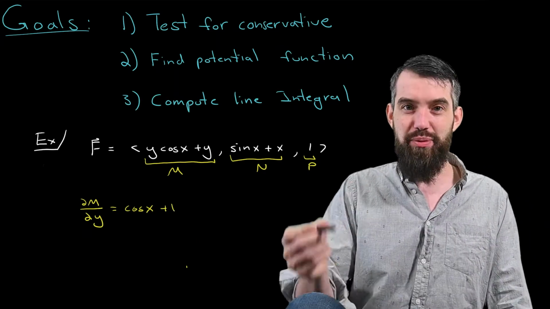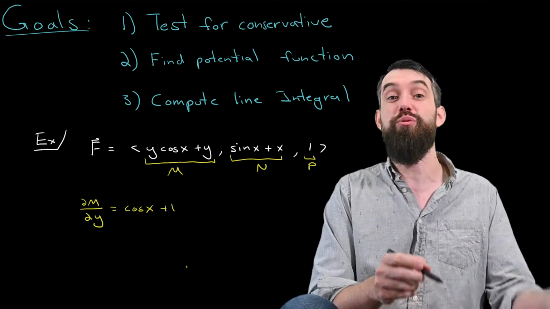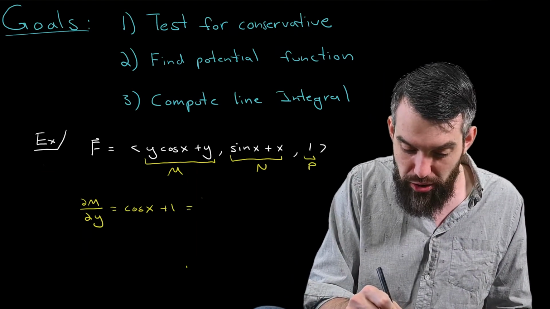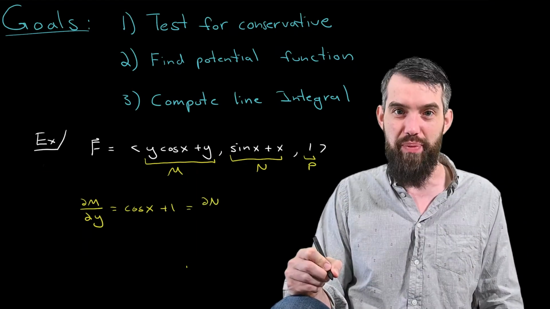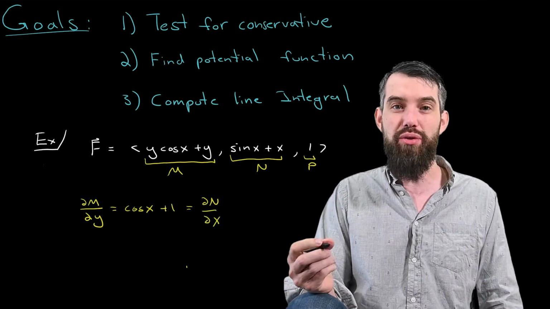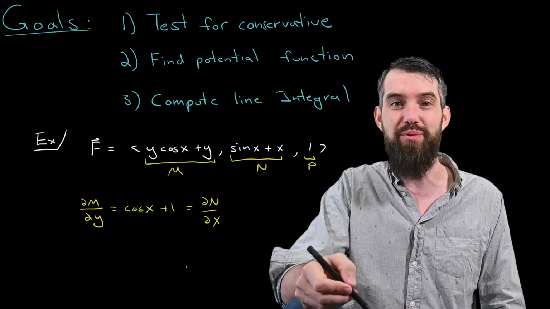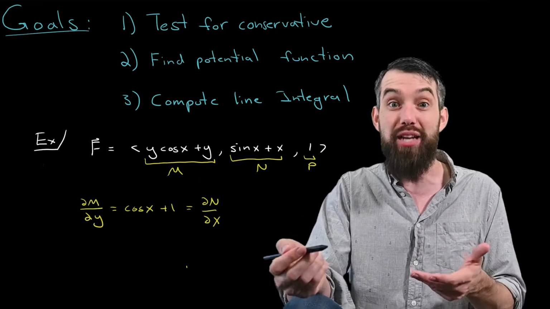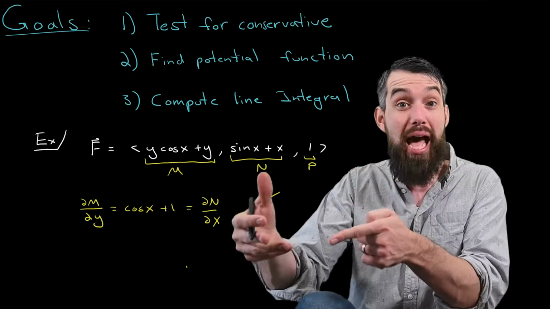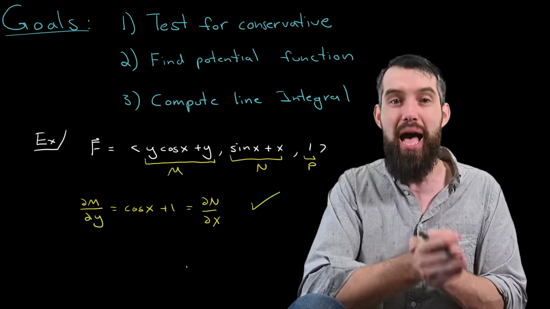And this was the partial derivative of the first component with respect to the second variable. So the thing that I compare that to is the partial derivative of the second component with respect to the first variable. And indeed, you can check that the partial derivative of N, which is sin x plus x, with respect to x would be cos x plus 1 as well. In other words, the thing that needed to happen to be conservative has indeed happened.